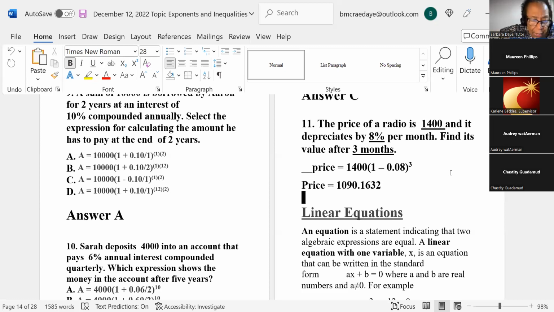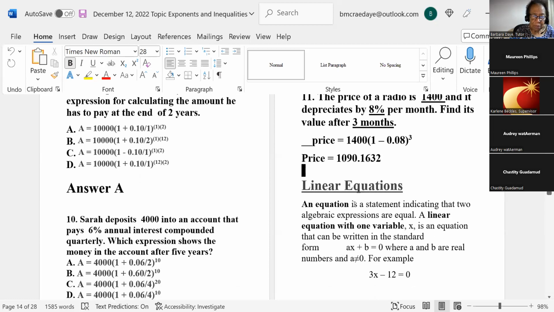Okay. Now, I just want to briefly look at equations. We've been looking at linear equations in one variable, and this looks like our slope-intercept type equation, right? ax plus b is 0, where the a is really the slope. When we get to slopes, you'll see that.